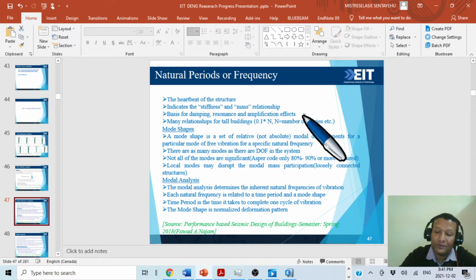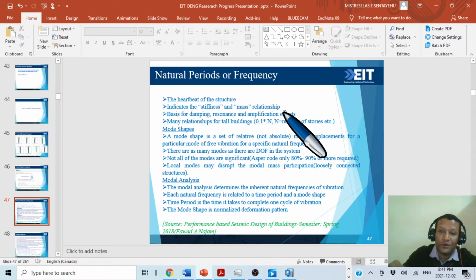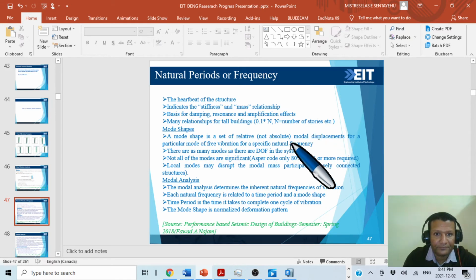If the period and the frequency of the result of modal analysis is the same as the forced one, then we will face resonance. It will amplify. I will tell you more.